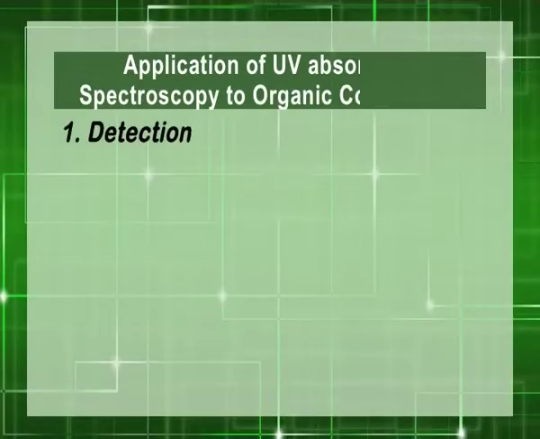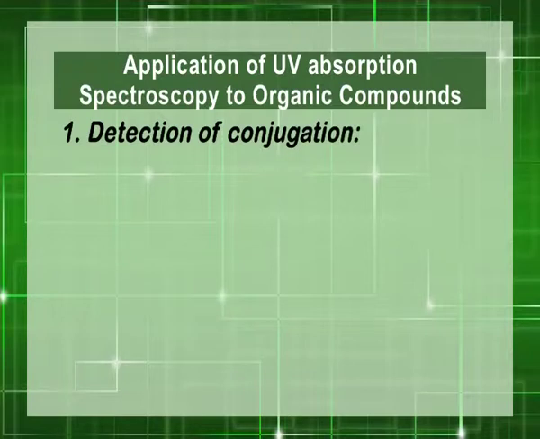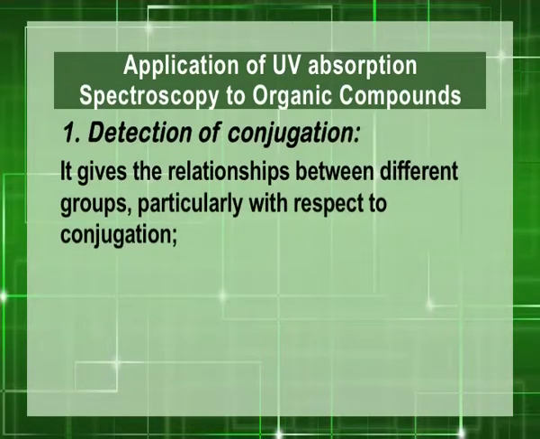Application of UV absorption spectroscopy to organic compounds. Coming to detection of conjugation, it gives the relationship between the different groups, particularly with respect to conjugation.